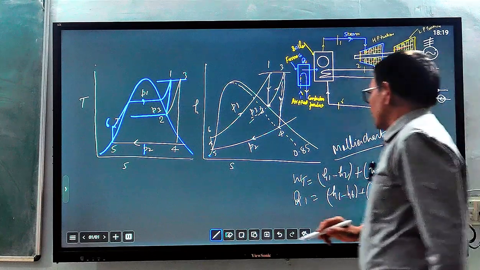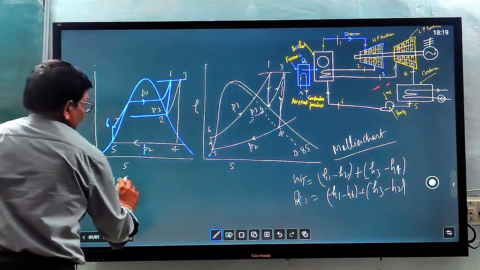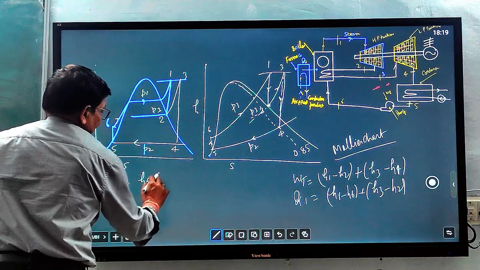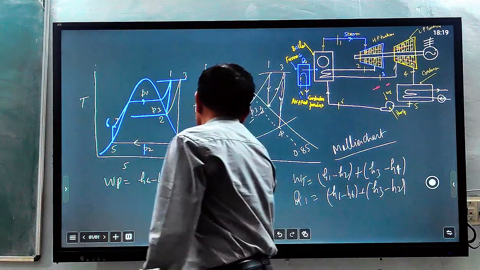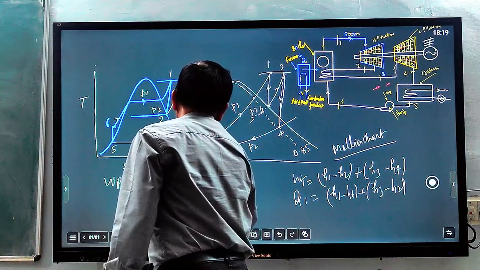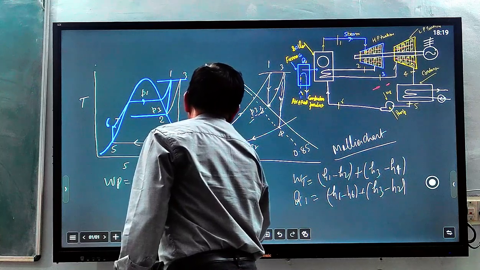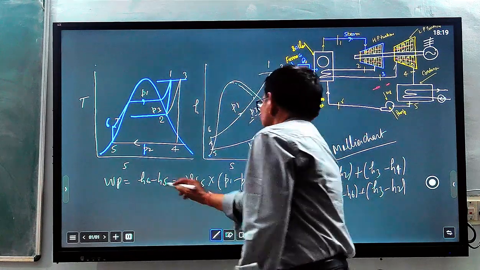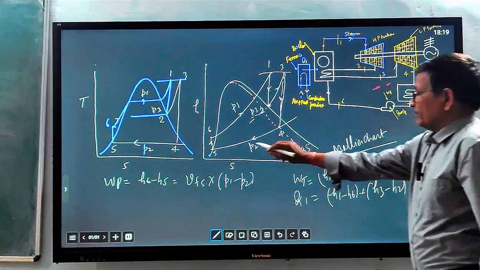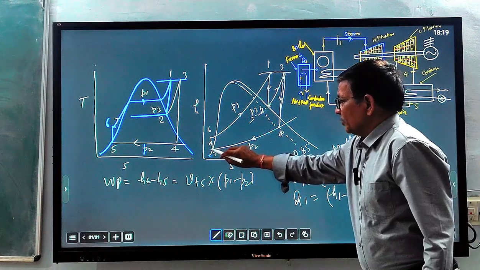So from here you can find out WP equal to H6 minus H5. You can also find H6 minus H5 equal to Vf5 into P1 minus P2. This is Vf, the specific volume at point 5, because it is a liquid state.